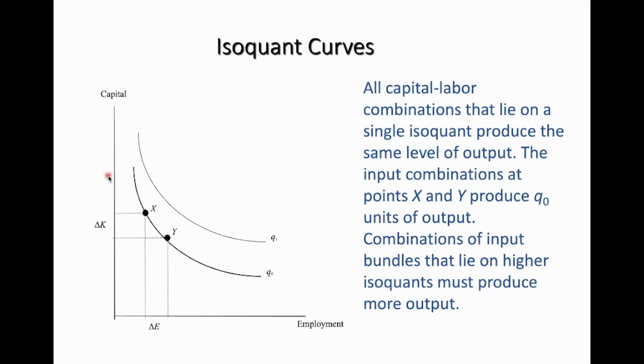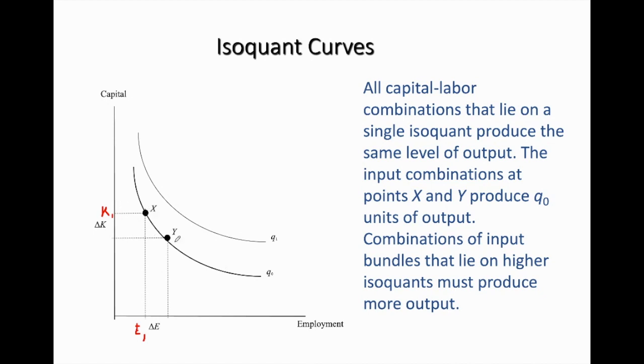So the combination mix of capital and labor, as indicated by point X, is that in order to produce Q0, the firm may employ a certain amount of capital, let's say K1 over here, and also a certain amount of labor, let's say E1 over here. So this is one input mix combination that the firm can consider to produce Q0.